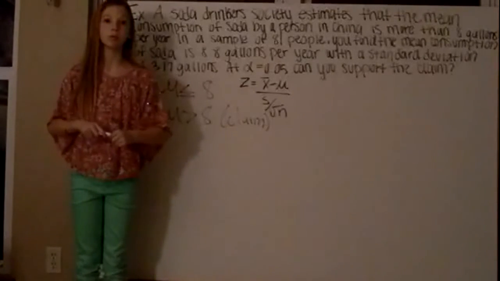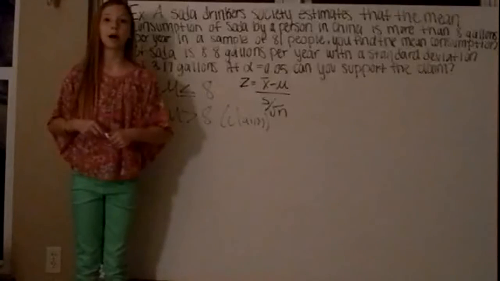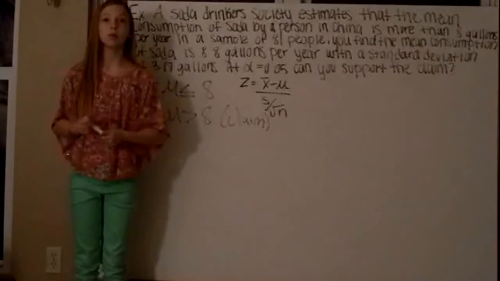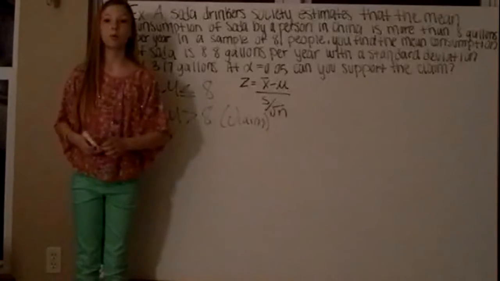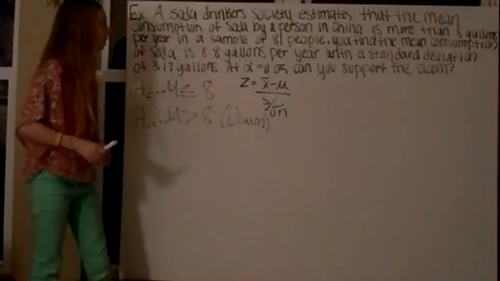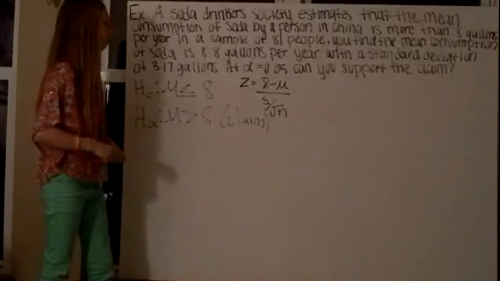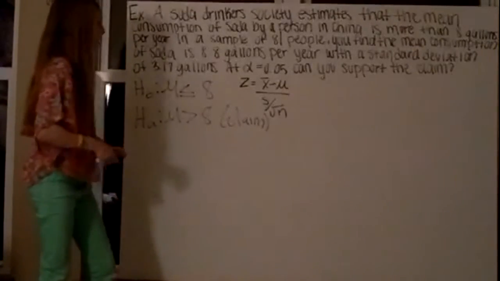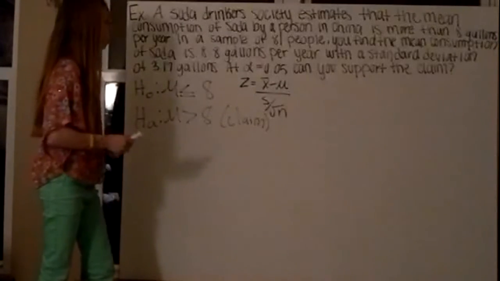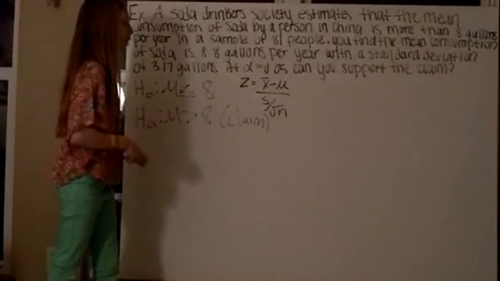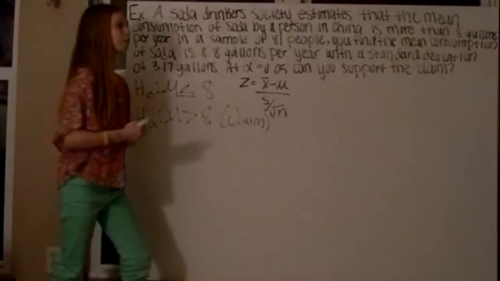Since our sample is greater than 30 and it's a hypothesis test for the mean, we use a z-test. We will use the equation z equals x bar minus mu over s divided by the square root of n. Now you plug the numbers in.